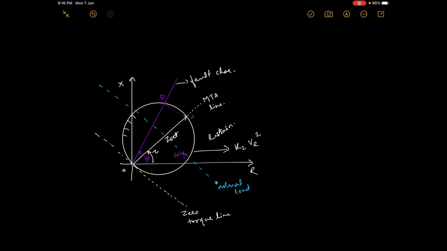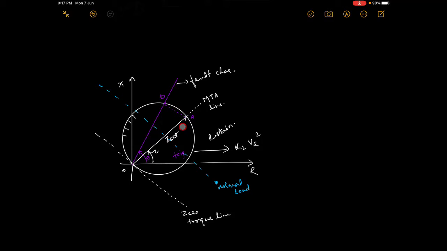But here in normal load, the current is normal, I mean it is rated, so resistance will be high. Since the circle radius itself is less, it will not cover that high resistance area. This is the high resistance area, and it is not covered because the circle is less. Why is the circle less?